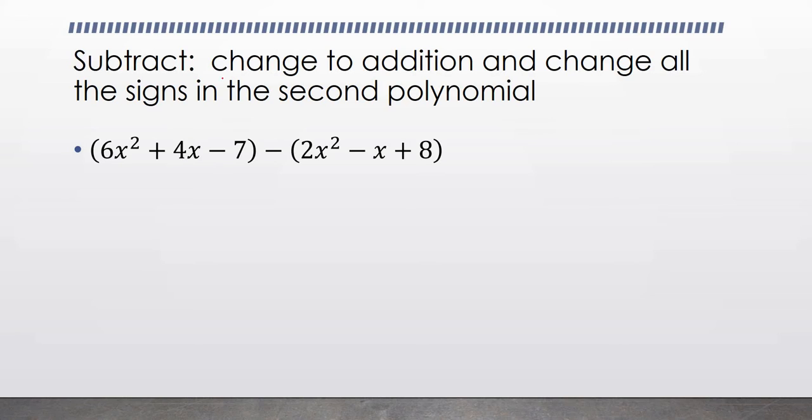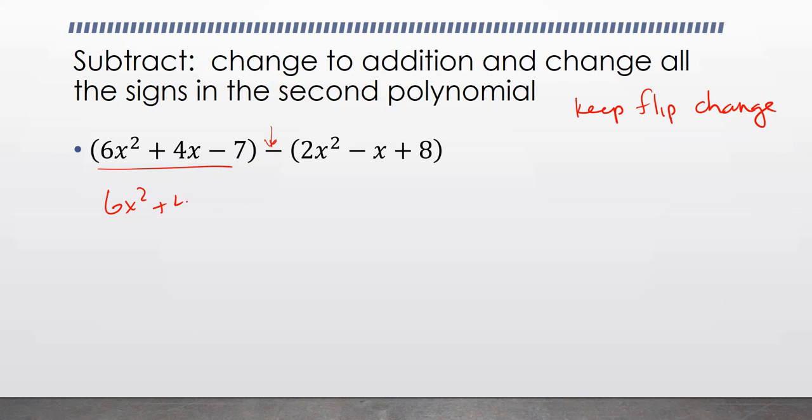Okay, for subtraction. Anytime we subtract, we're going to change the middle sign to addition and then change all of the signs in the second polynomial. This is what you guys call keep, flip, change. So we keep the first one, we flip the subtraction to addition, and we change the signs.